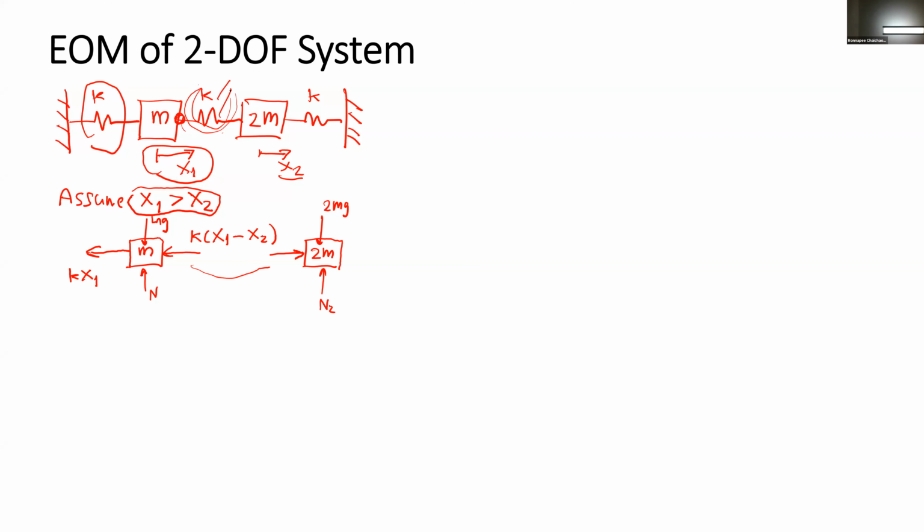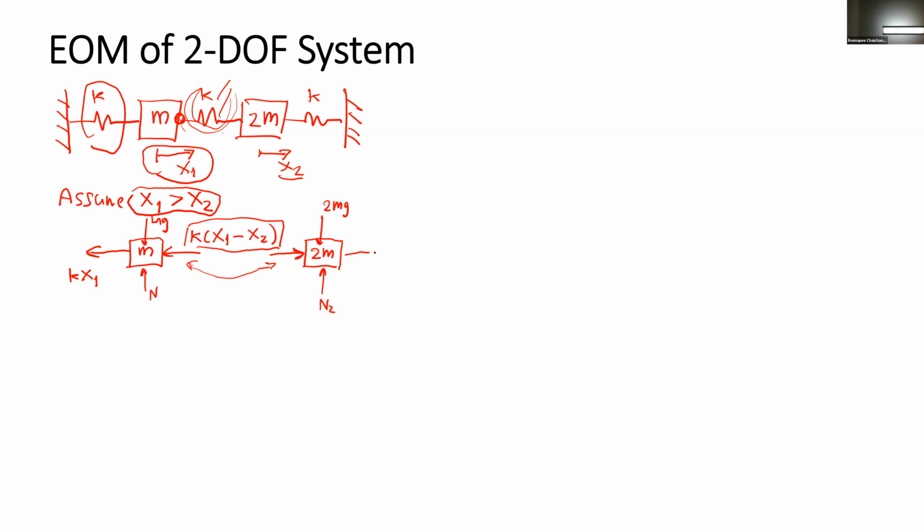So the direction of the force is trying to push the mass to the right hand side, and the magnitude of the force in the spring in the middle is the same. It's just action and reaction force. How about this spring?